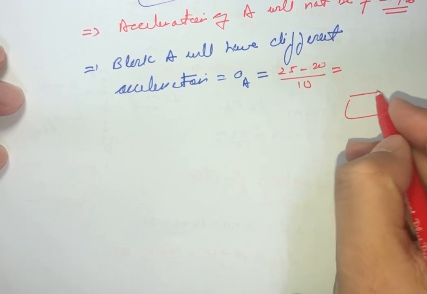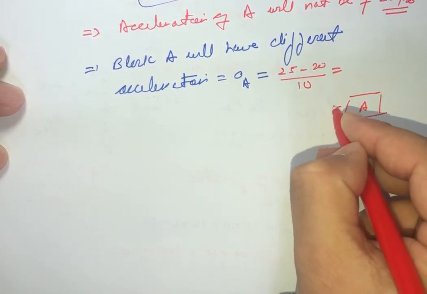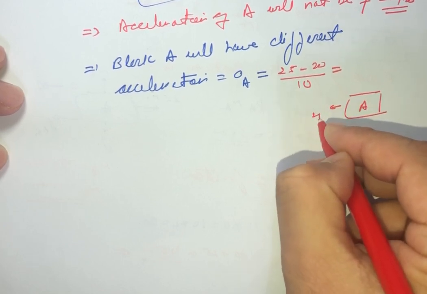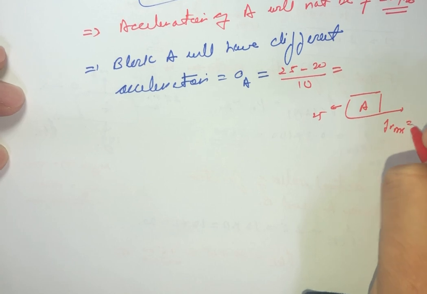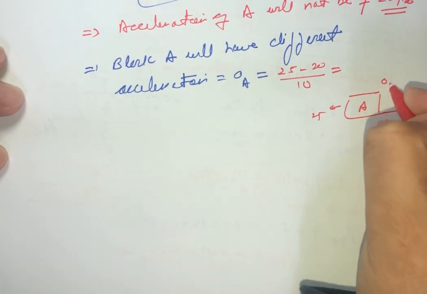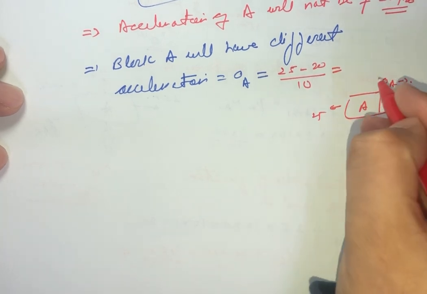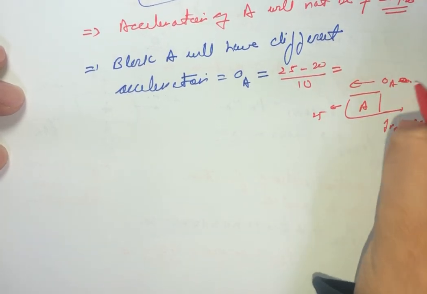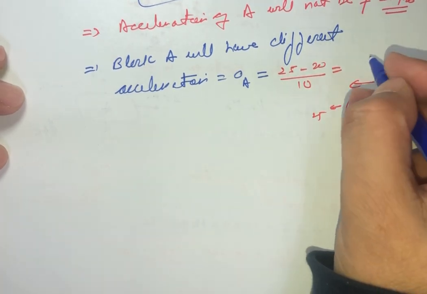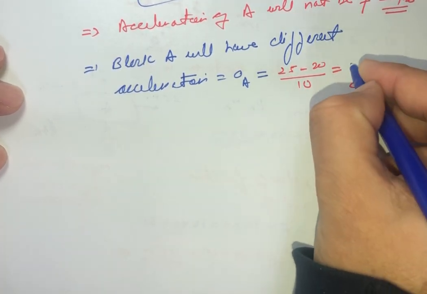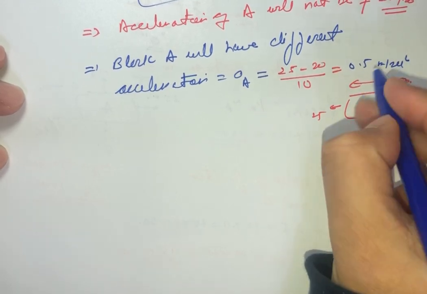This is our block A, and we have a force of 25, friction FRAB of 20, and acceleration AA. We are going to say that it is moving in this direction now, and this value will be coming as 0.5 meter per second square.